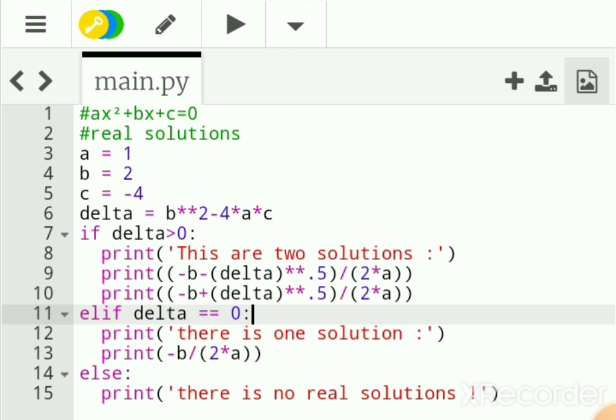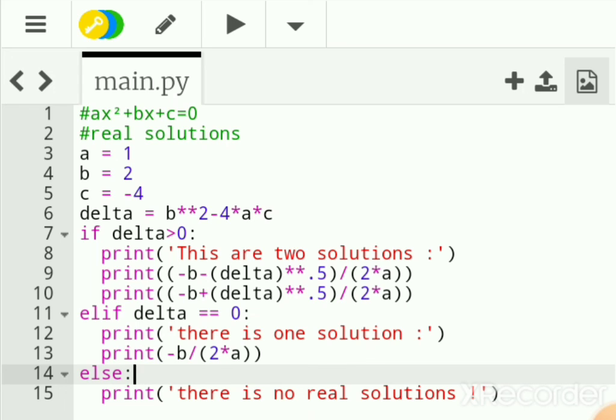For the last condition, we can of course write elif, but to simplify it, remember the Zen of Python: simple is preferred over complex.